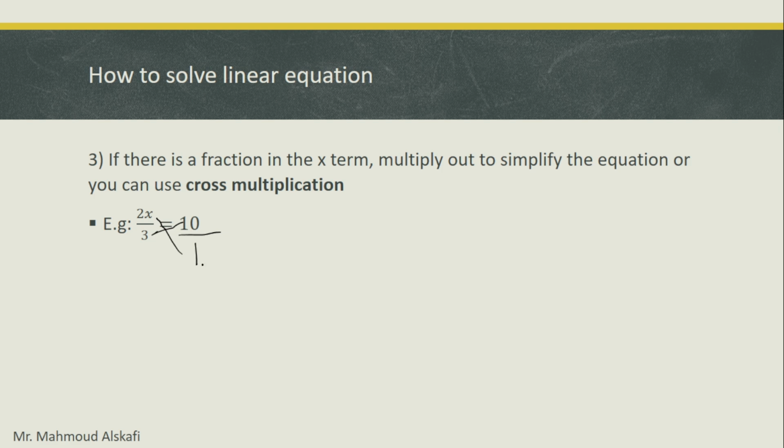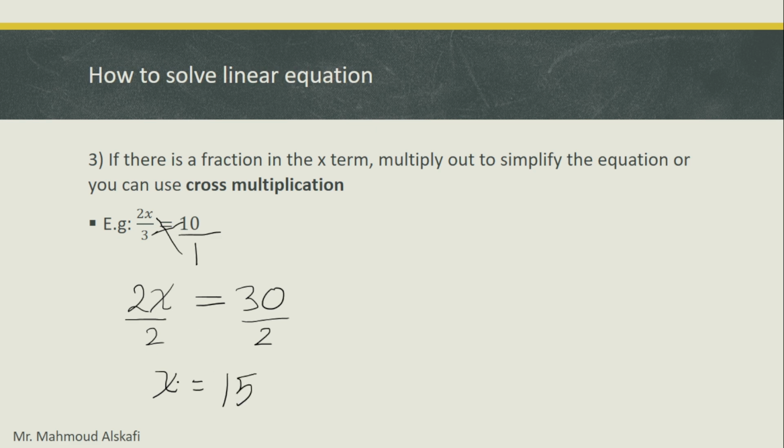So 2x multiplied by 1 gives 2x equals 3 multiplied by 10, which gives 30. Divided by 2, x equals 30 over 2, which equals 15.